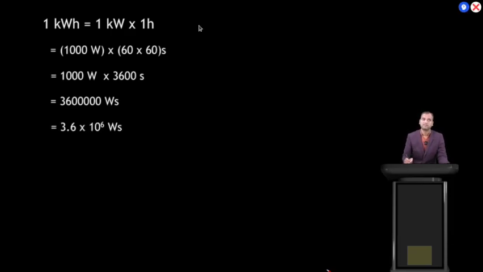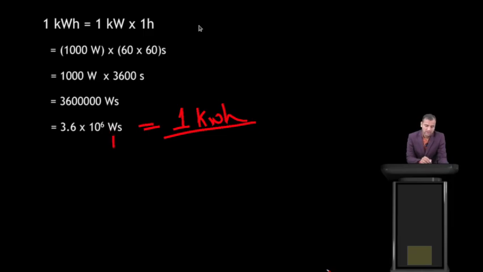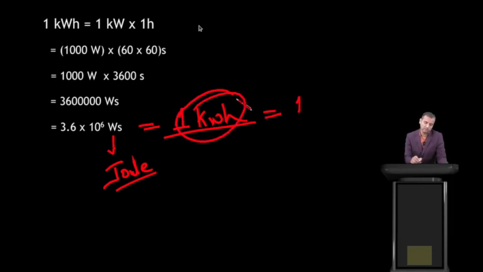So this is equal to 1 kilowatt hour. Watt into second is again converted into joule. So 1 kilowatt hour equals 3.6 into 10 to the power 6 joule. And we also use this term, 1 kilowatt hour, as equal to 1 unit. So this is called 1 unit of electricity.